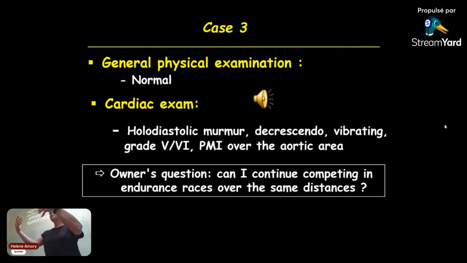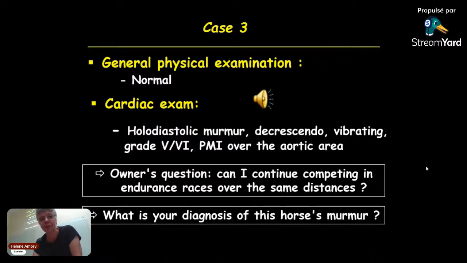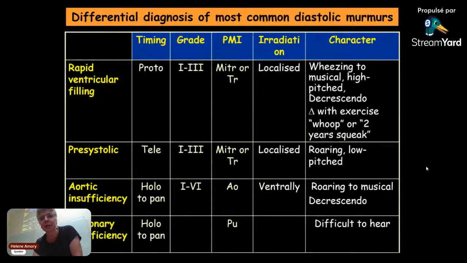This is the other table, differential diagnosis of the diastolic murmurs. You have your opinion because the question is coming. We want to see the table before voting. Ready?